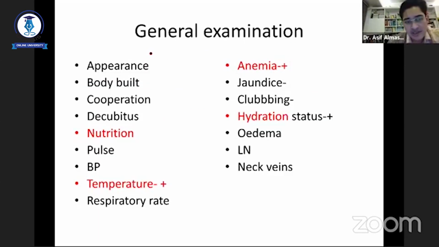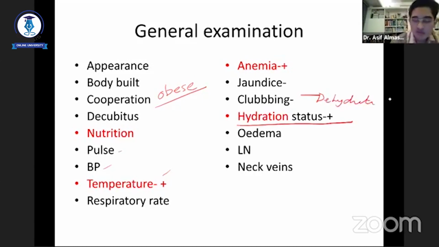Now, on general examination, you may find the patient to be obese, and the patient may have no other features. The vital signs may be normal, and there may not be any anemia, jaundice, or other features. But if the patient comes with acute cholecystitis and recurrent vomiting, there may be some finding in the hydration status; the patient may be dehydrated.